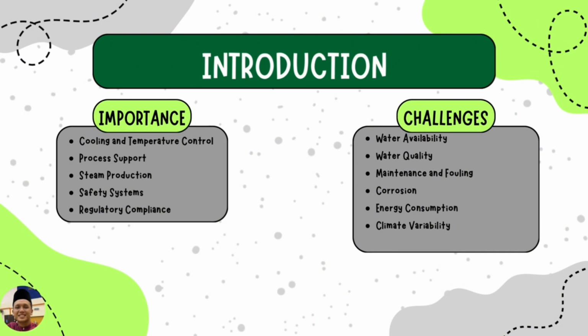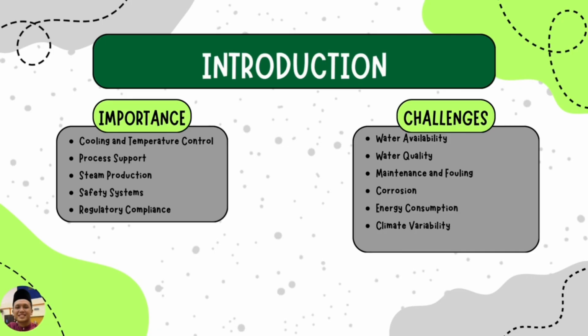For maintenance and fouling, water systems can suffer from clogging and mineral build-up, which reduce efficiency and increase maintenance costs. Also, water can lead to corrosion. Corrosive water can damage pipes and equipment, leading to failures of the process.